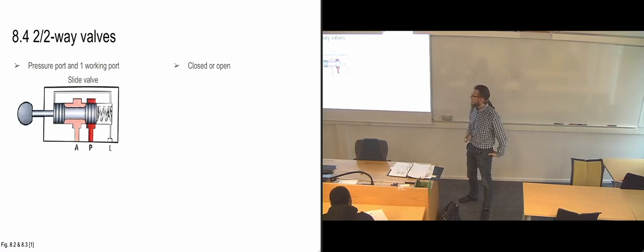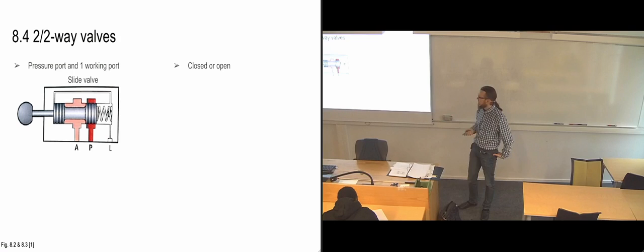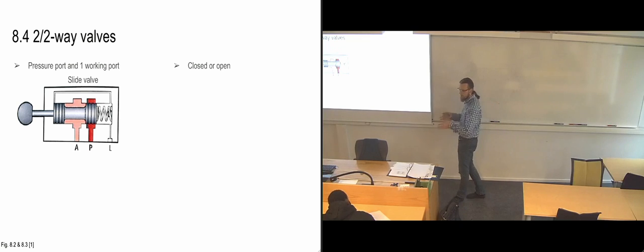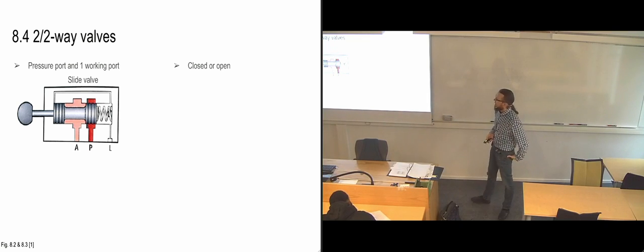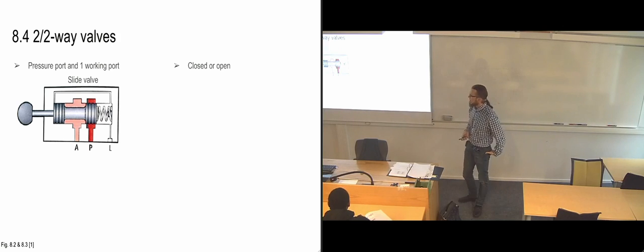So for a slide valve, it usually looks something like this when we cut it open, where we have a pressure port, and then of course depending on how we want it to act, there is a certain amount of overlap here, either positive or negative or exactly 0, depending on exactly which kind of valve it is.